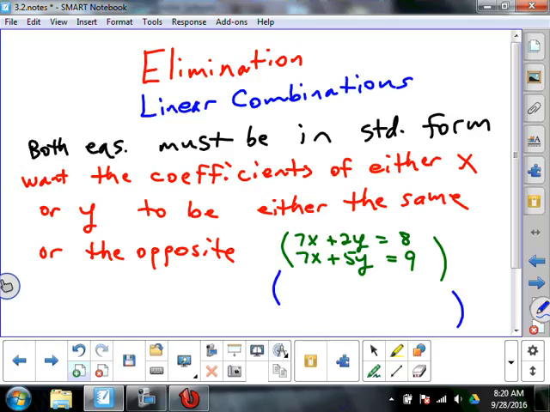Or maybe we want to have something like this. 7x minus 2y is 8, and 5x plus 2y is 15, something like that maybe. So in that blue system, what we've got there is the coefficients of y being opposites. Okay. How are we feeling so far?